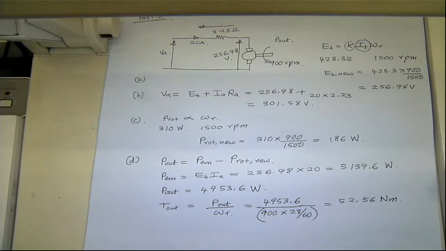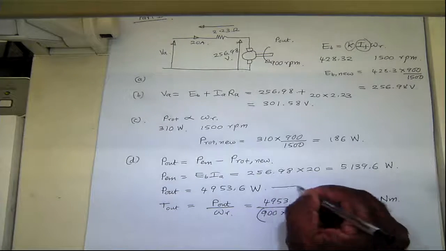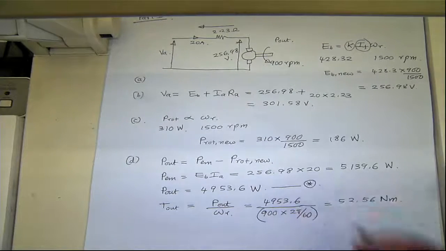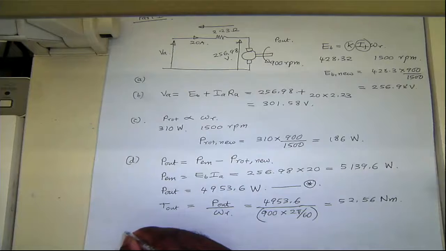And then on that part, finally, you have to estimate the efficiency of the machine. So you have the output power, that's this value. Input power is the terminal voltage times the armature current. Sorry, this is the fifth part, right?